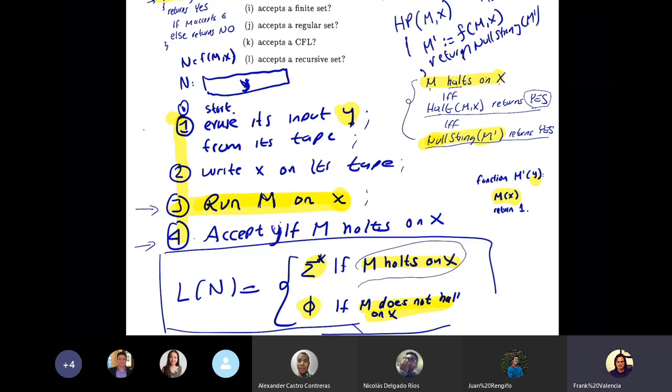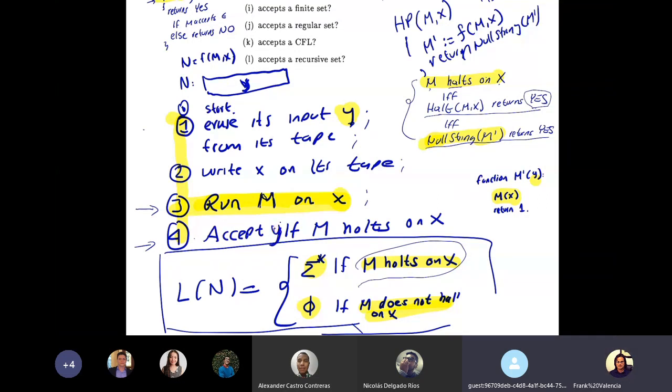Do you have questions about this? Elkin? So it is like I have a machine M, and in some way I ignore the input that it has, which is Y. Then I run it on X, and if M halts on X, it is going to halt on every input, right?